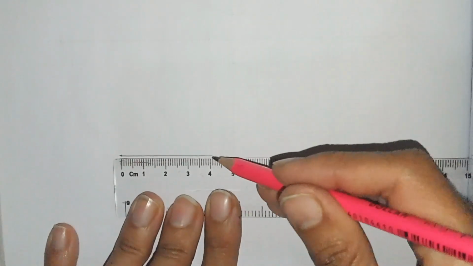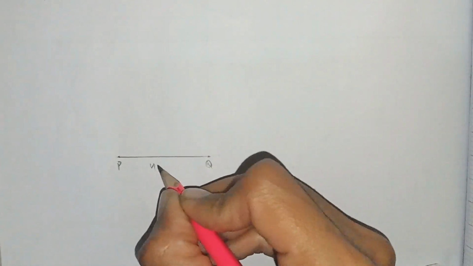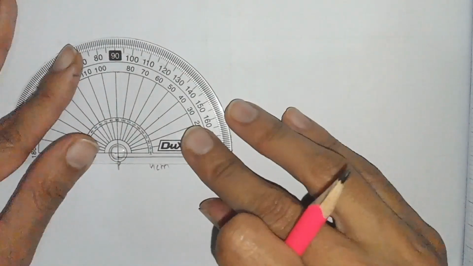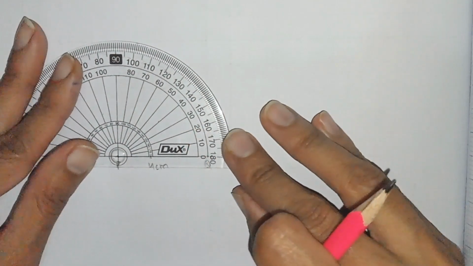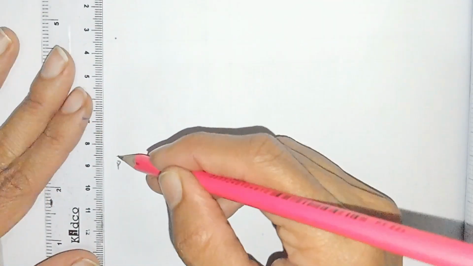Now students, draw the line PQ, 4 centimeter, and at point P mark the angle of 90, and this line is PA.